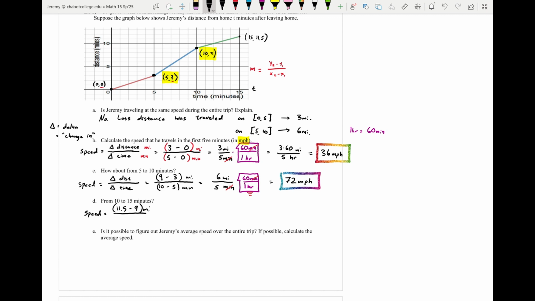That's the change in distance, and the change in time will be 15 minus 10 minutes. So that gives me 2.5 miles per 5 minutes. Okay, and then multiplying by the conversion factor, I'll let you show the work for that. We get 30 miles per hour.